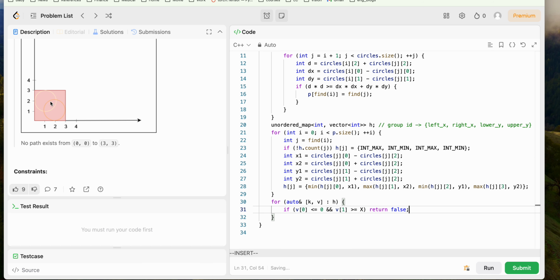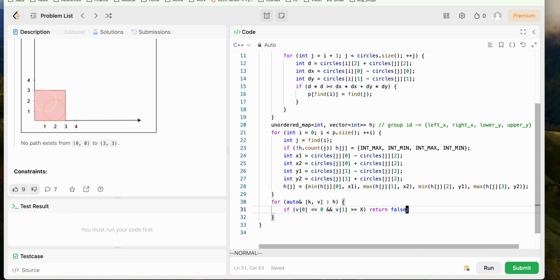This means the left and right cover the whole x, and we can also check it for y: v3 greater than or equal to y, we return false.